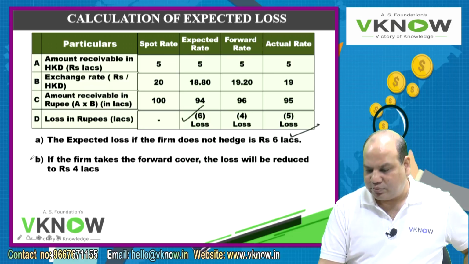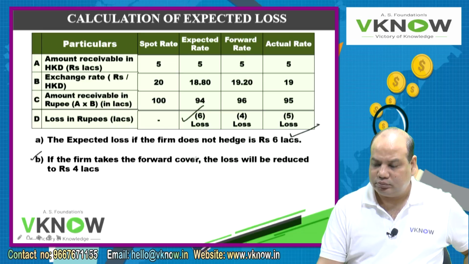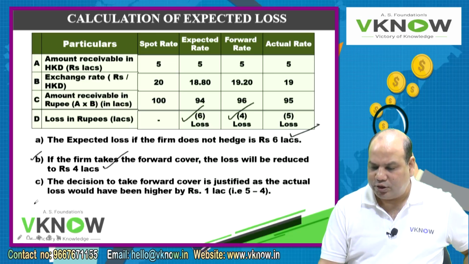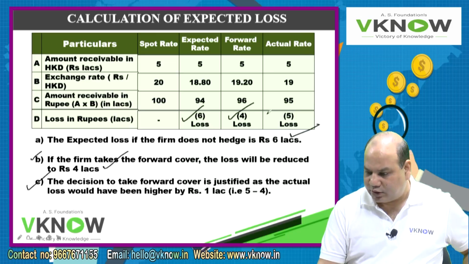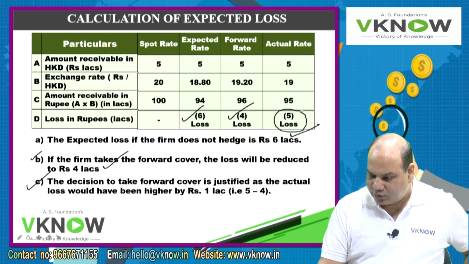So write answer B: if the firm takes the forward cover, the expected loss will be reduced to rupees 4 lakh. And then see whether the decision to take the forward cover is justified, so compare that with actual.